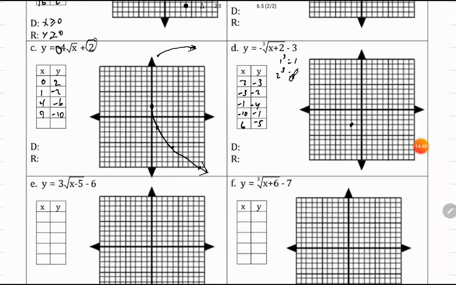I recommend rearranging these and putting them in order so it's easier to graph. But this is how it goes. So we have negative 2, negative 3, and then we have negative 10, negative 1.